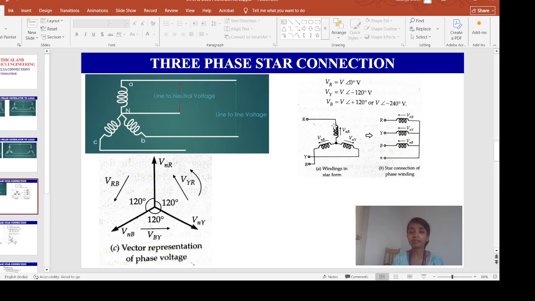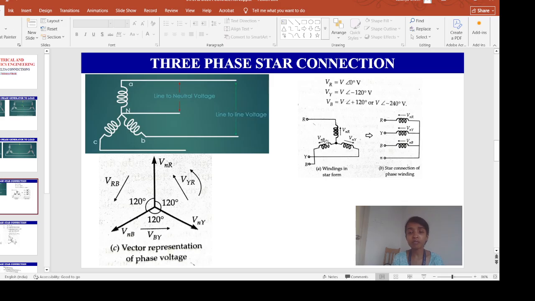So this is a 3-phase system. Here, let's say this is my VNR, this is my VNB, and this is my VNY. What does this mean? These are my line to neutral voltages. VNR is my line to neutral voltage, that means the potential difference between line R and the neutral point. This is the line to neutral voltage or the phase voltage.